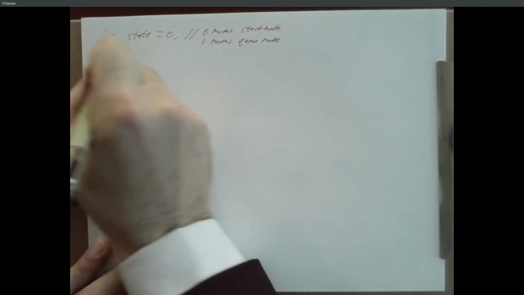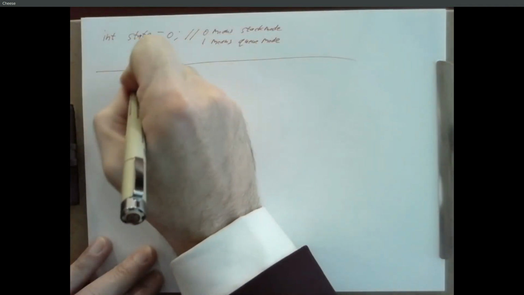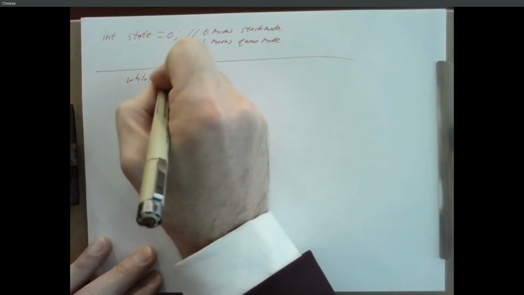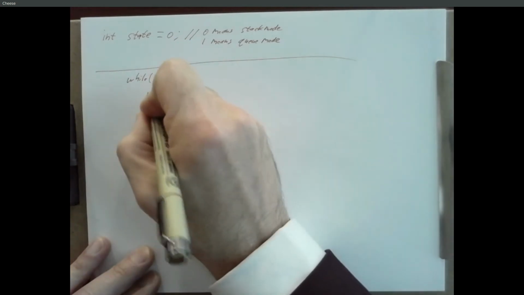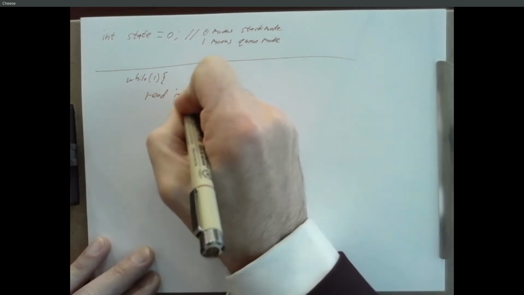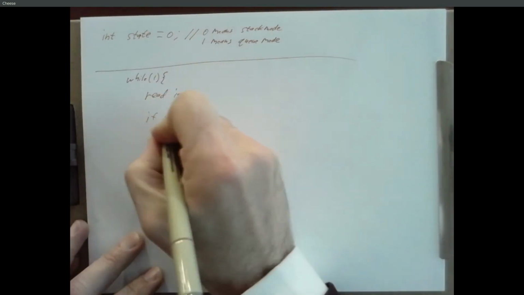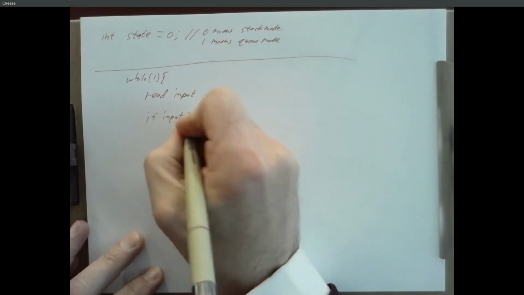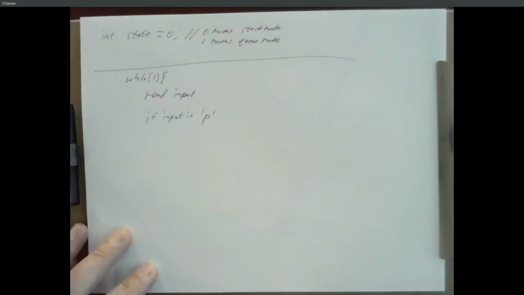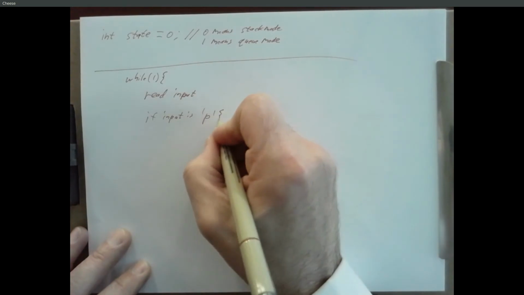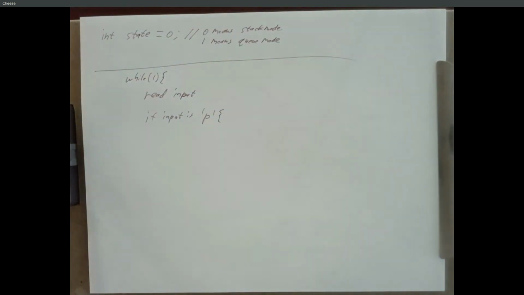And in my main loop, while 1, I'm going to read input from the user. And you're probably writing statements something like this. If input is the letter P, well, we want to either pop from the stack or remove from the queue, depending on what mode we're in.